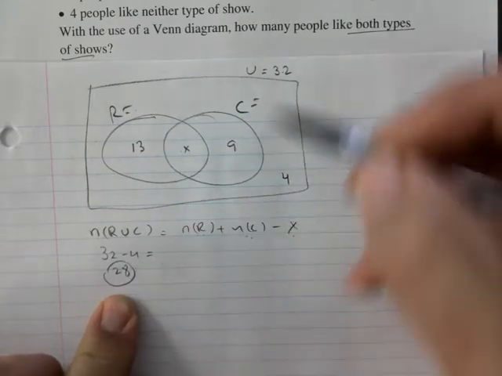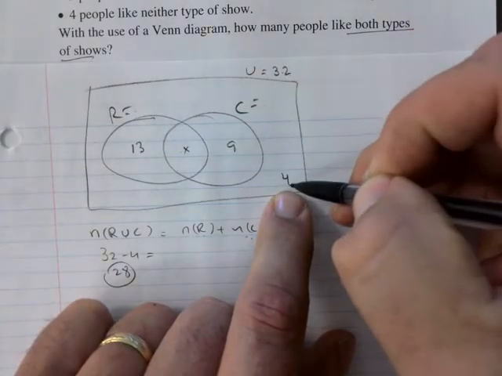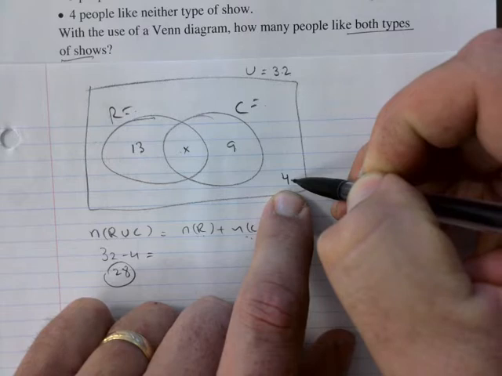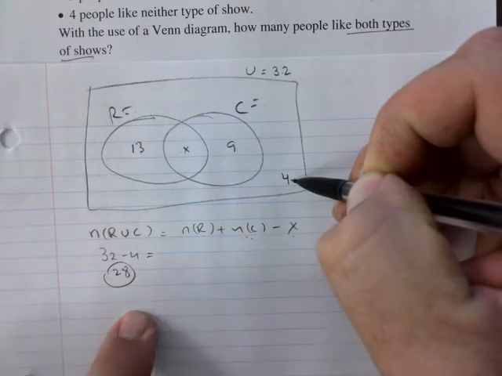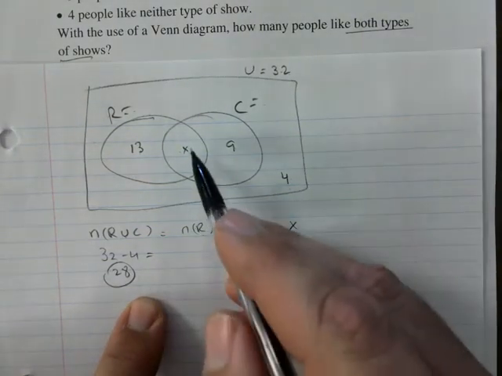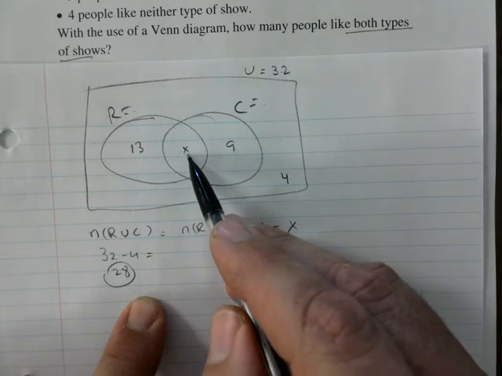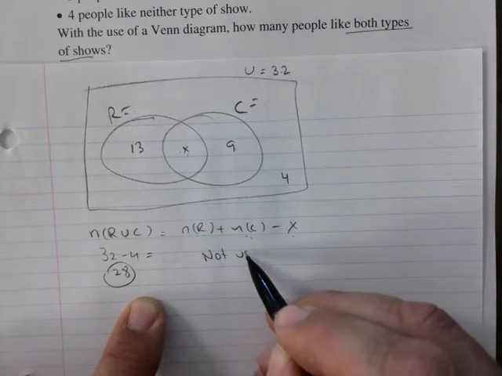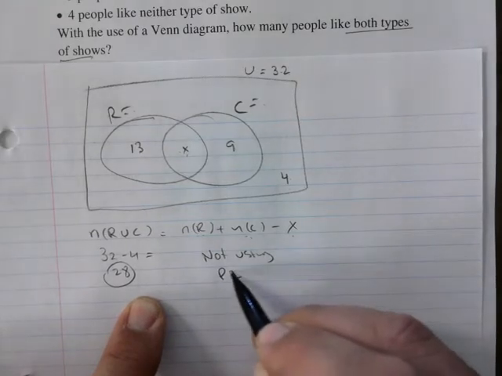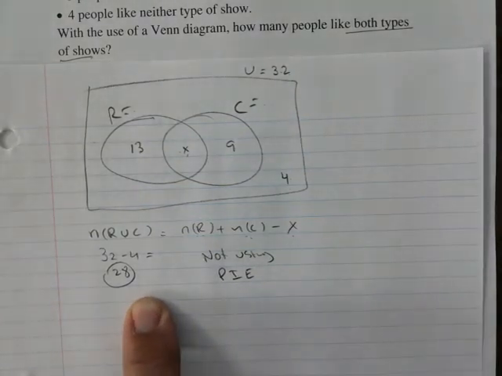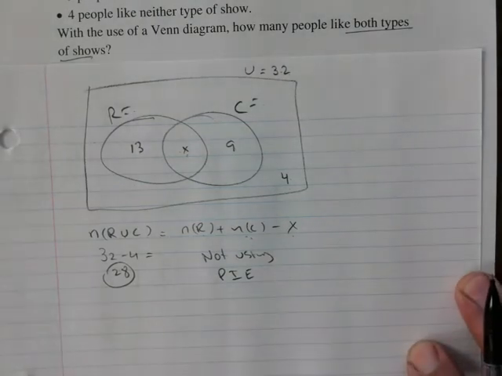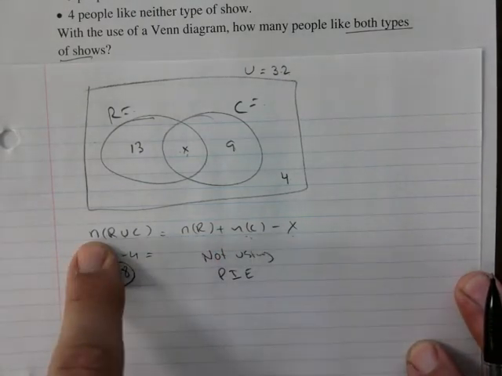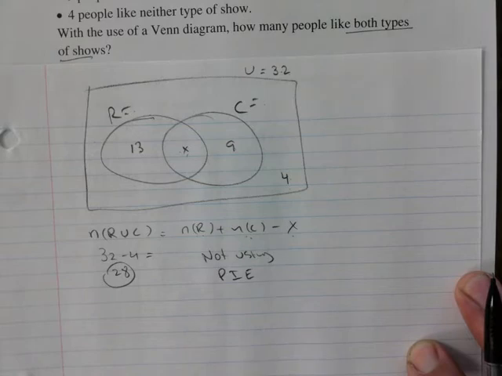If I take my universal and subtract the outliers from it, I'm left with 28. So I'm not using pi in this case. I wanted to encounter this to kind of get stuck. It's like, oh, I can't use pi. I have to do it a different way here.